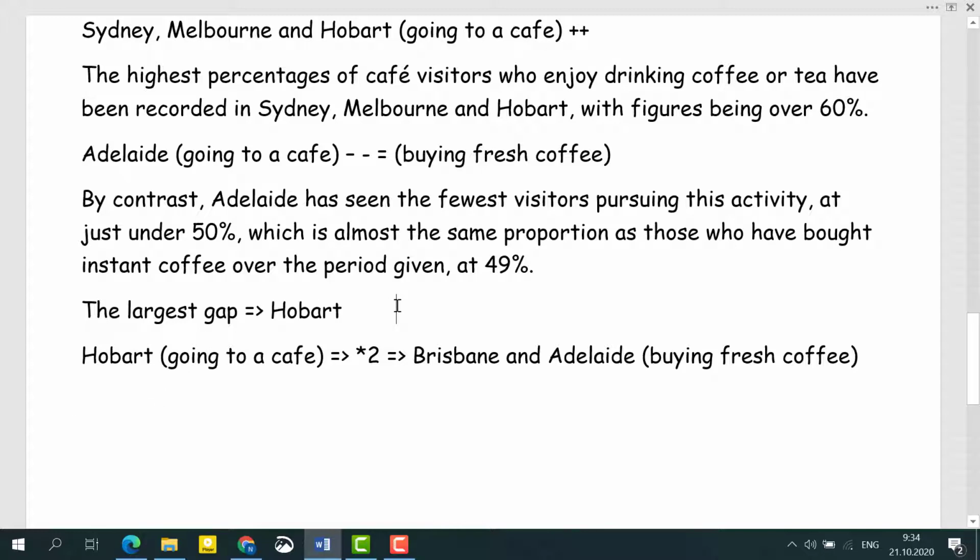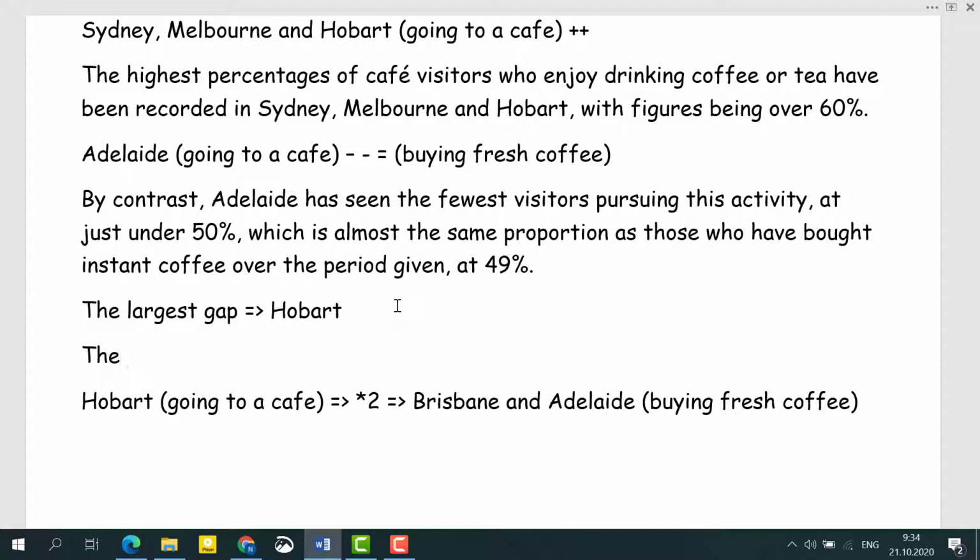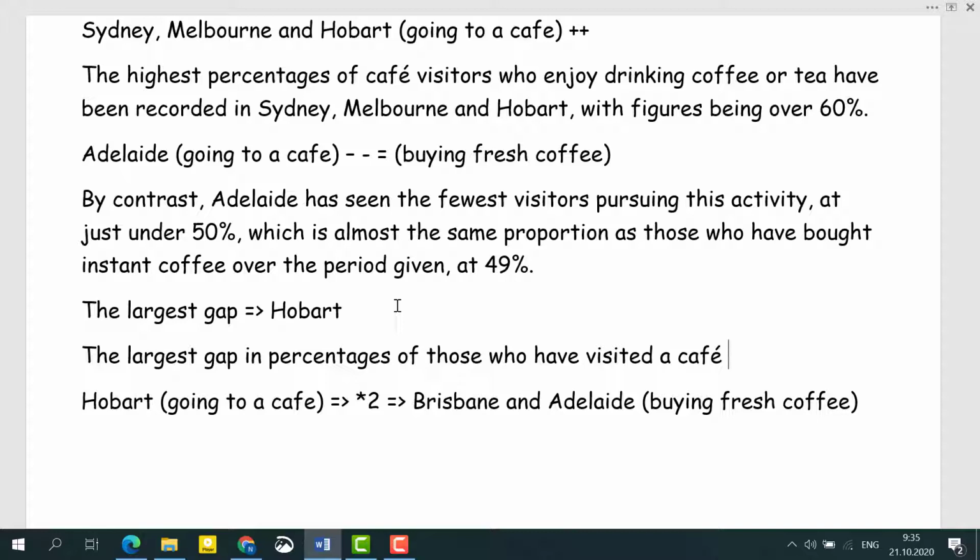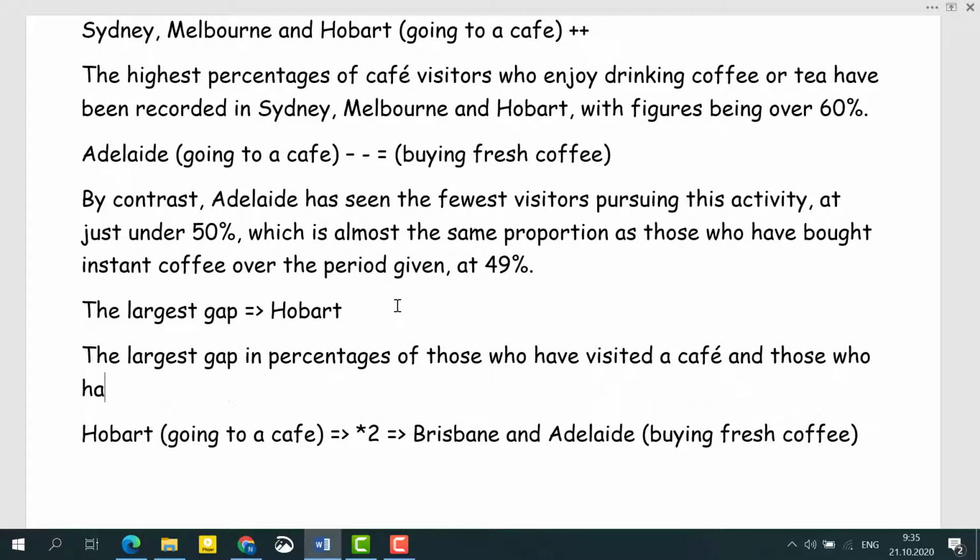So, the largest gap in percentages of those who have visited a cafe and those who have bought fresh coffee in the last 4 weeks.